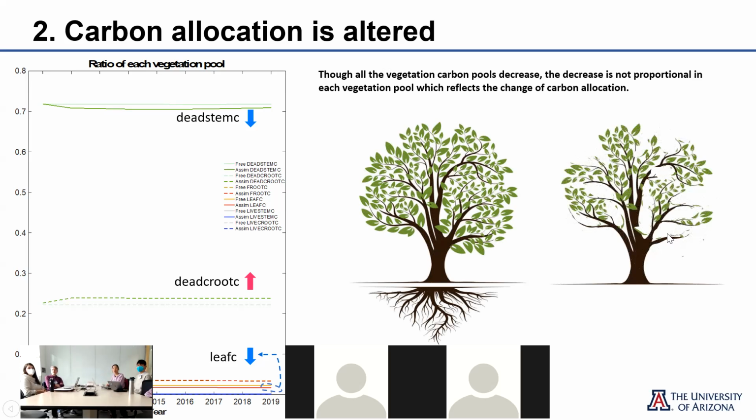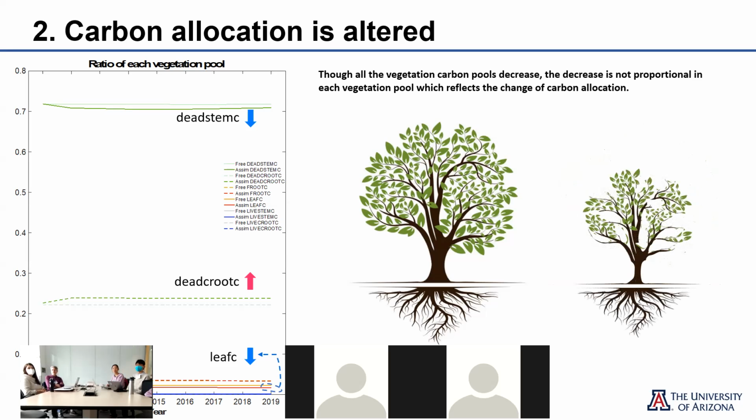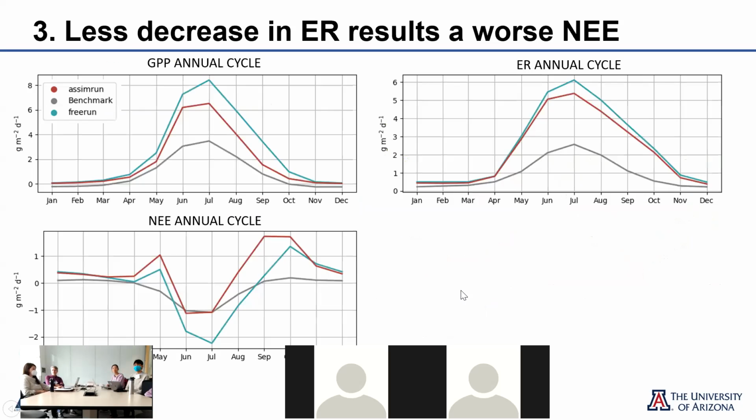But in our assimilation run, we first decrease the amount of leaves, and then we decrease the stem carbon and its relative ratio. However, the relative ratio of the root is actually bigger compared to the free run.